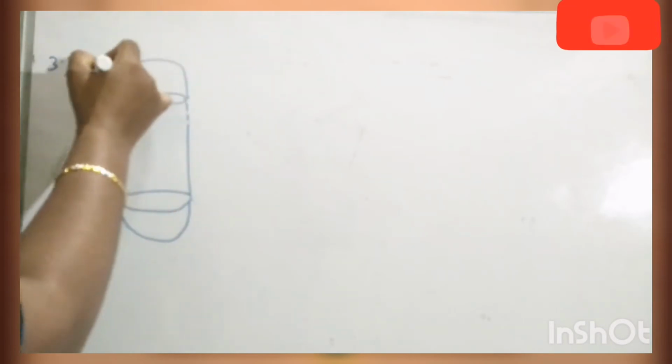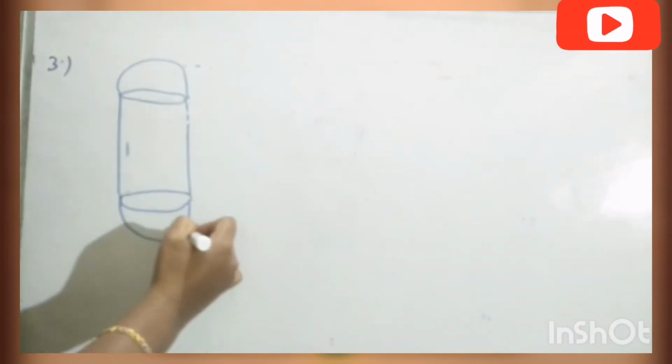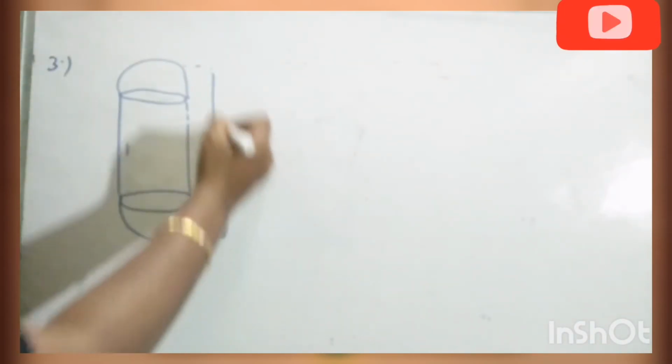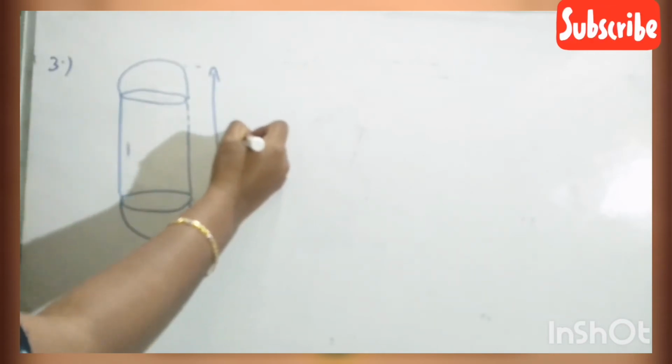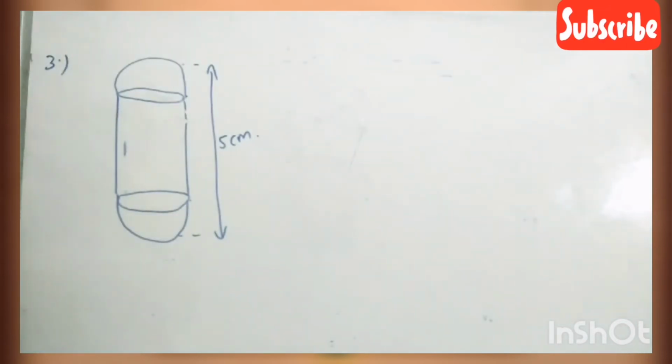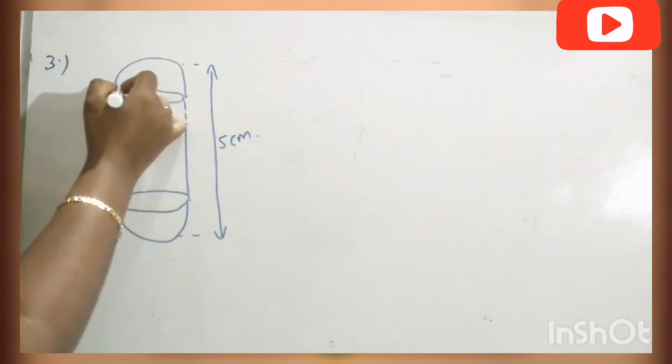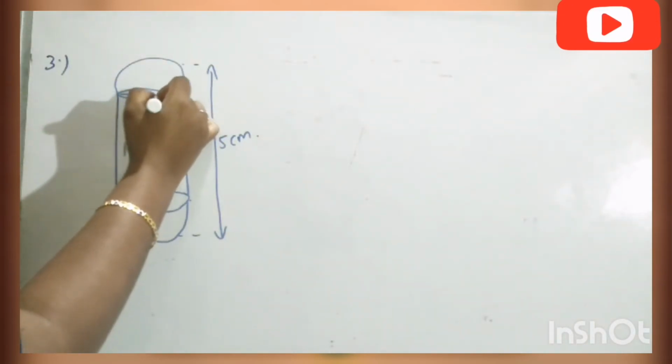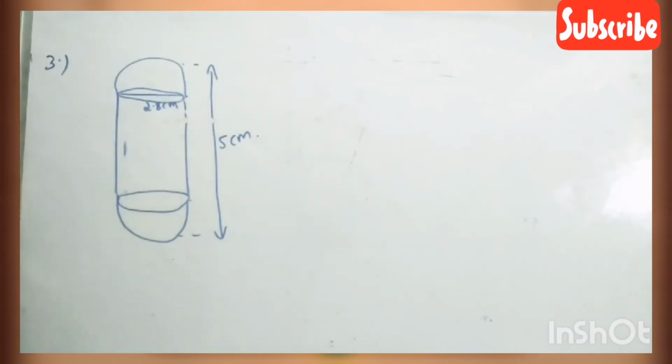The length of this gulab jam is 5 centimeter, that is given in the question, and the diameter is 2.8 centimeter.